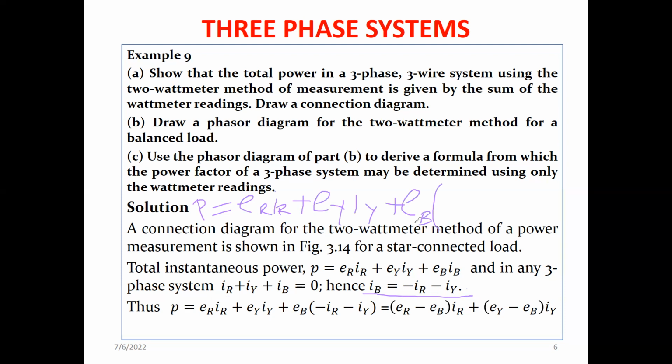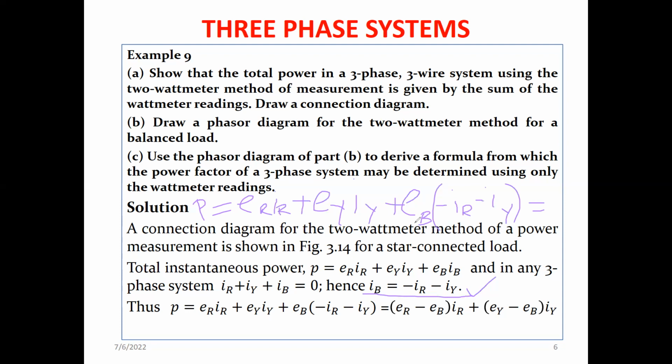Then you substitute into our equation: where you have IB, you put minus IR minus IY. It will be equal to ER IR plus EY IY plus EB times minus IR minus IY. We have common terms here.